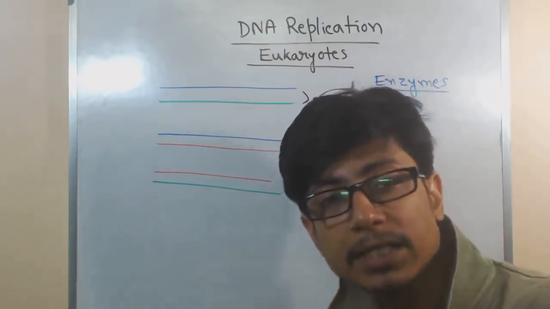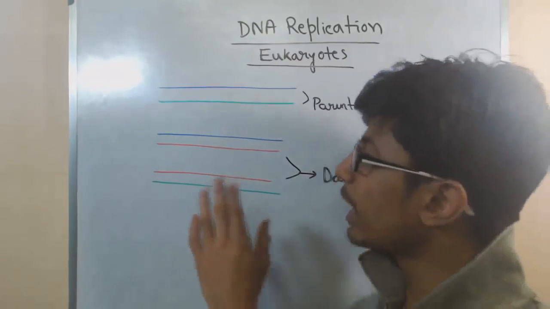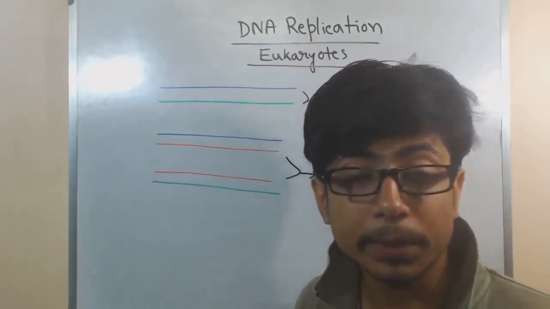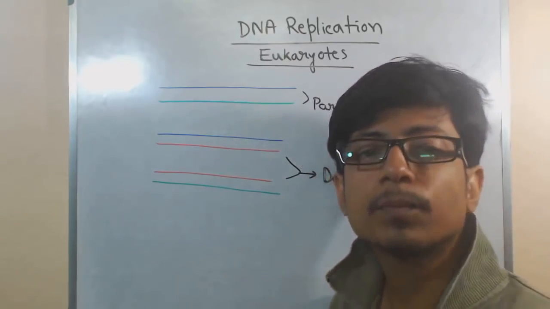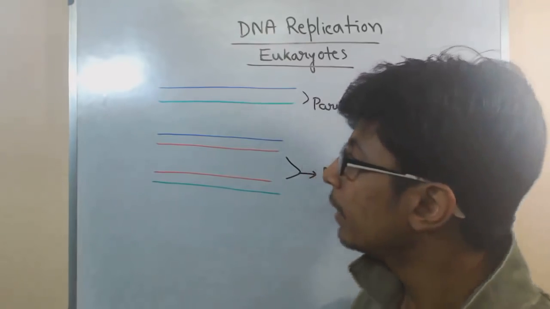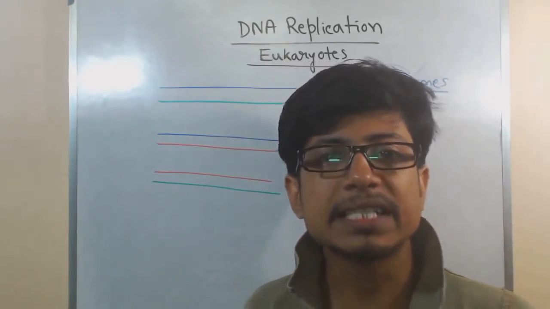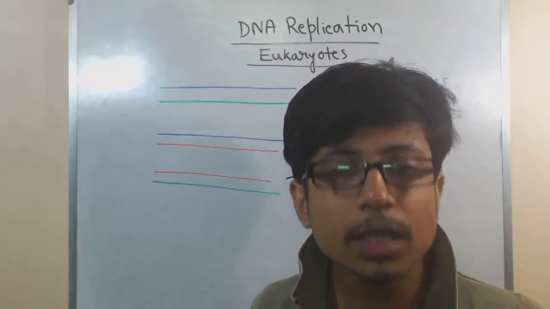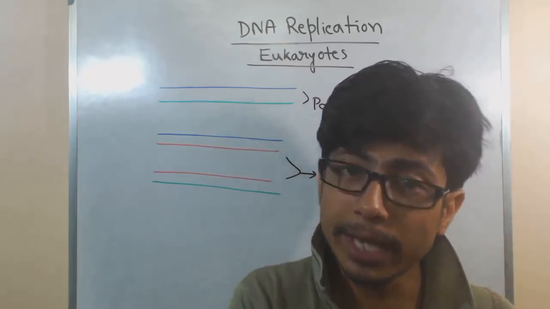For the polymerization, we need an enzyme called DNA polymerase. In prokaryotes, we have a specific DNA polymerase called DNA polymerase 3 for the whole job. But in eukaryotes, we have other types of polymerase like polymerase delta, polymerase epsilon, and polymerase alpha. These are the types of polymerase we find in eukaryotes.